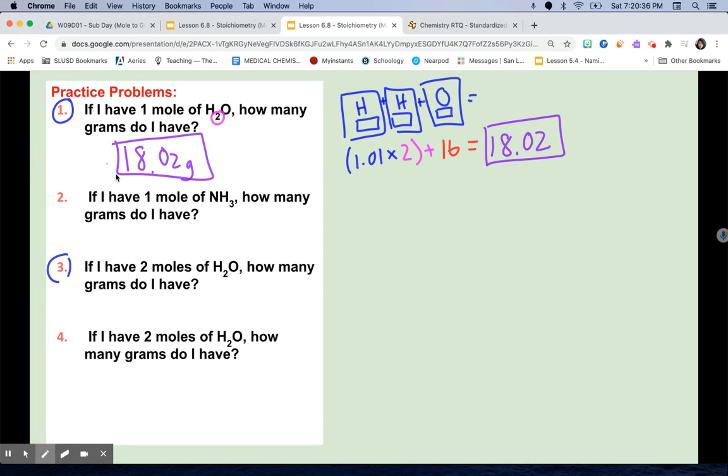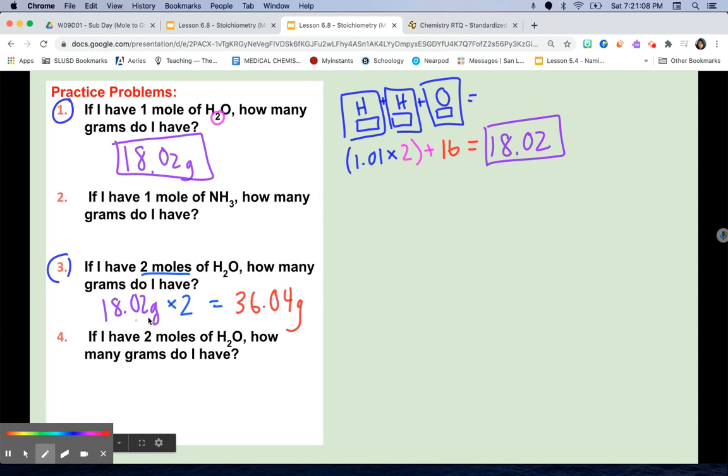Well, I would just take this whole number, 18.02 grams of H2O, and multiply it by the 2 moles that I have. If I multiply that by 2, I'm going to get 36.04 grams. So go ahead and try questions 2 and 4 on your own.